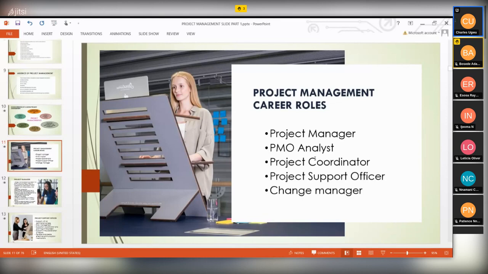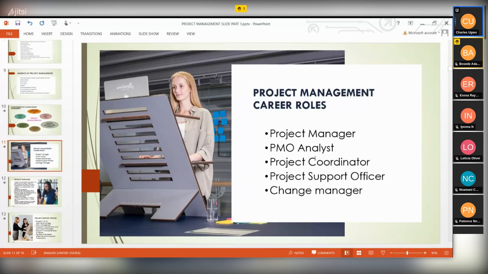They make sure that the project manager is doing what he should be doing, delivering quality content, uploading all the project documents into the project repository, and making sure there is good housekeeping within the project. That's the duty of a PMO. They organize the project and package everything about the documentation of the project. So their role is very important.